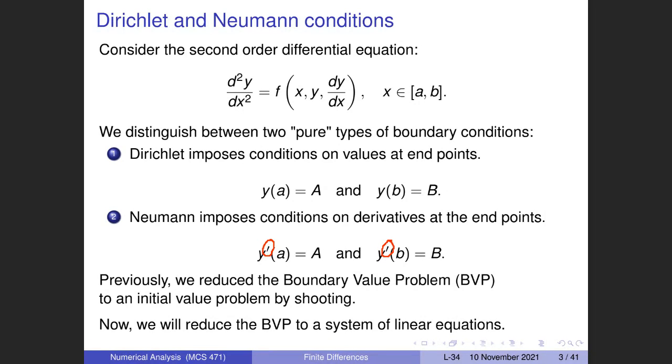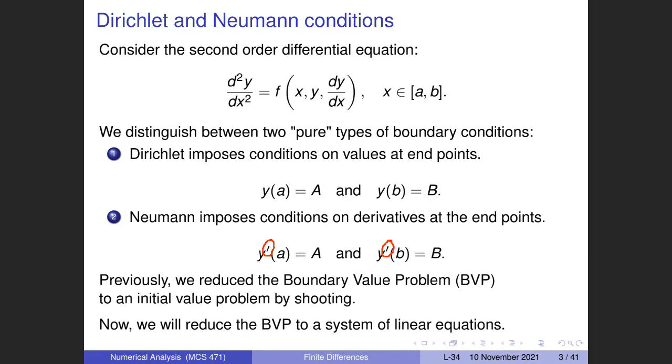And that reduces to solving a nonlinear equation for which we can use parabolic interpolation after linear interpolation. The name shooting comes from the interpretation where our initial velocity is the slope of a gun, of a cannon, that we adjust in order to reach a certain target. So that's the Dirichlet condition.